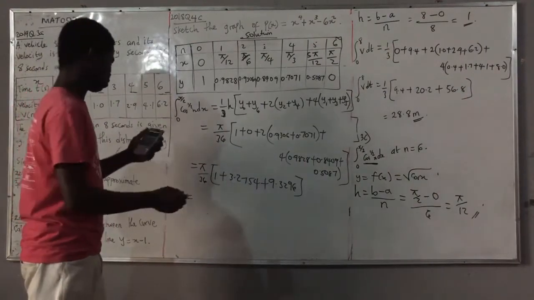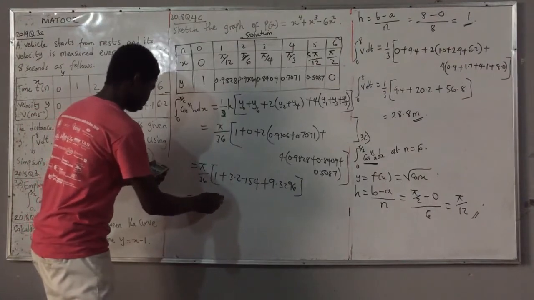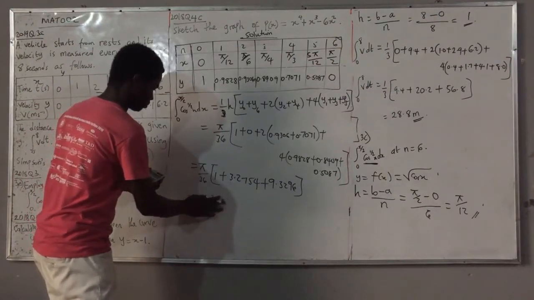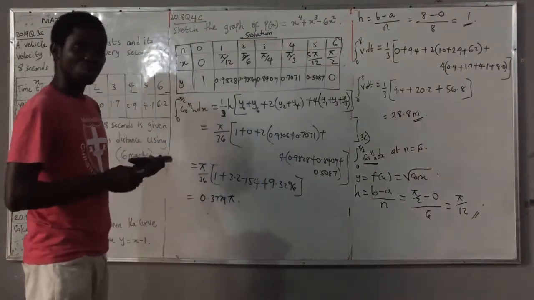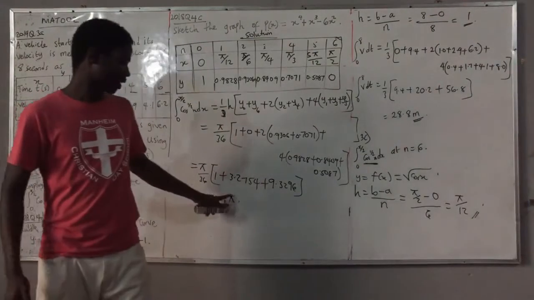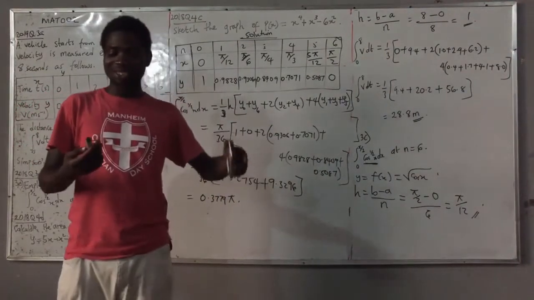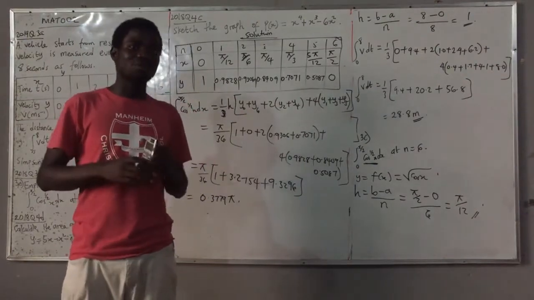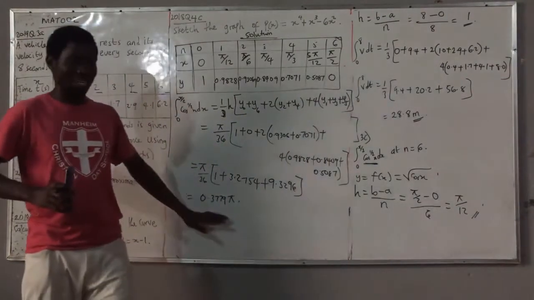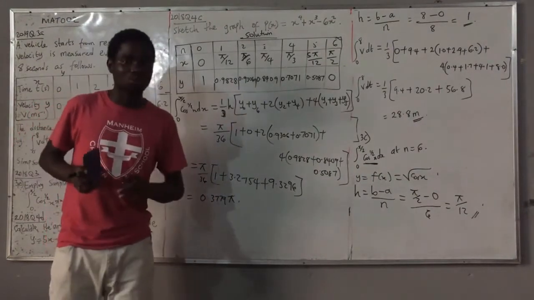Now what am I trying to do? This is 0.33779 pi. If you don't know what pi is, don't go and say pi is 180. It is only when it is inside an angle that you say pi is 180. Do you understand? If you don't know what pi is, just leave your answer in terms of pi, or better still, pi is 3.142.